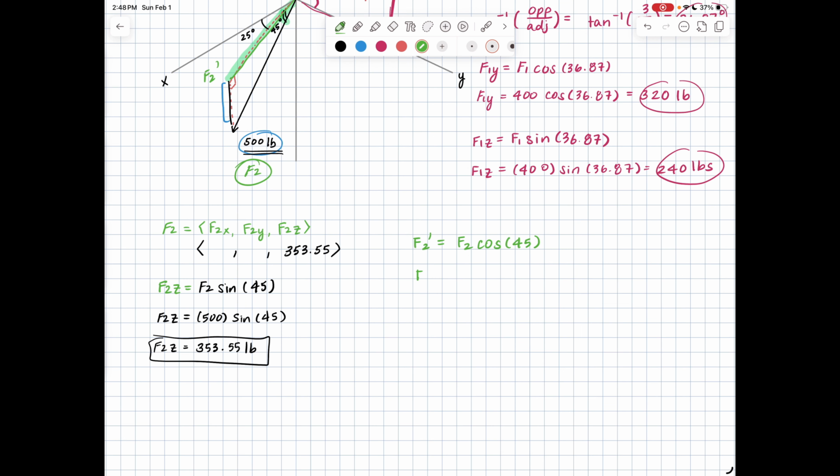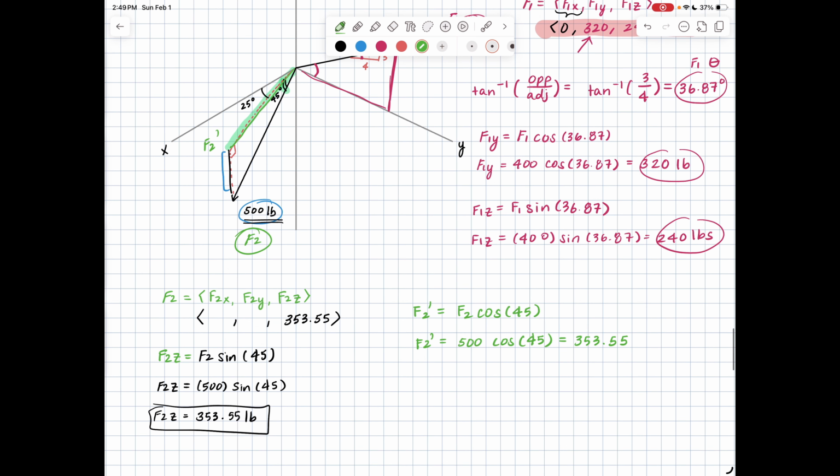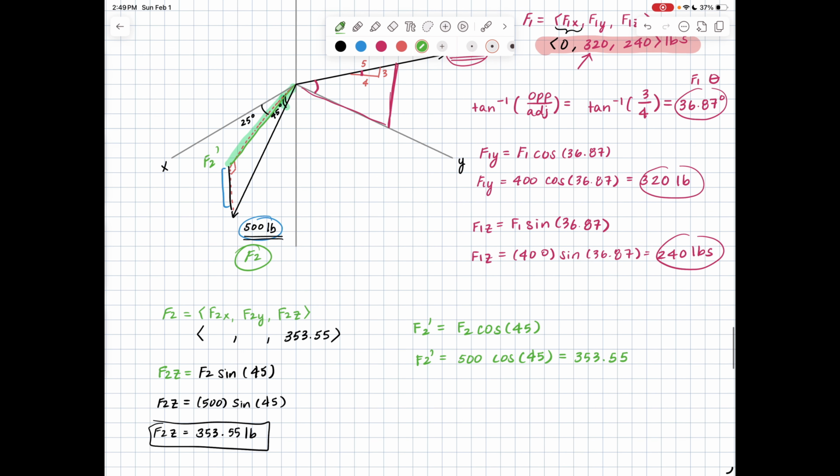And plugging this in, I'm going to get F2 prime equals 500 times cosine of 45. So 500 cosine 45 is going to give me the same thing, so that's 353.55.